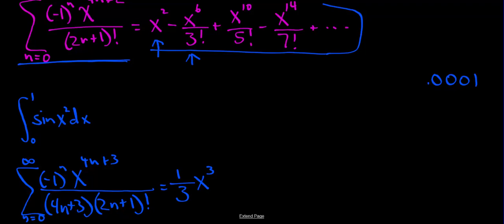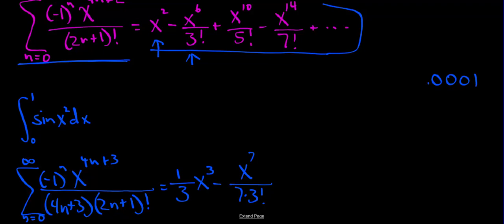I'm going to add 1 to the 6th and divide by that. So let's see what we've got. We've got 7 times 3 factorial, x to the 7th. And that's the next term. And let's see if that works out for us. If n is equal to 1 on the bottom, we've got 4 plus 3.